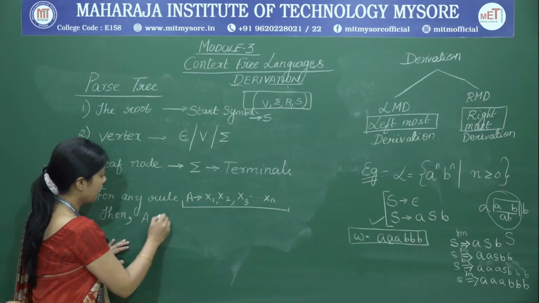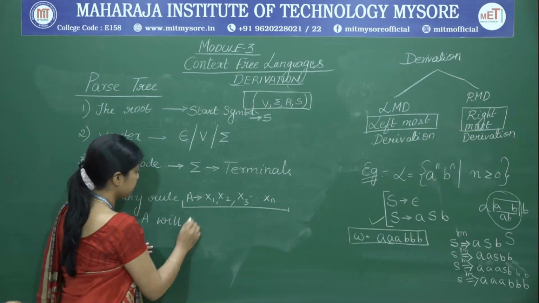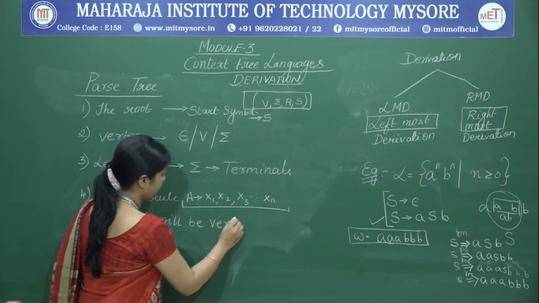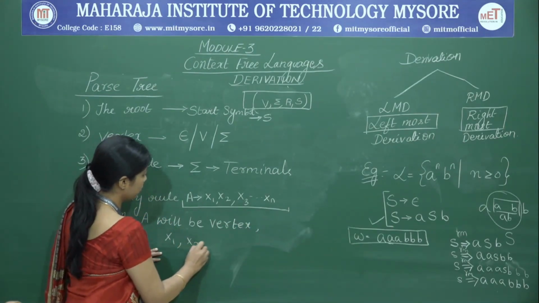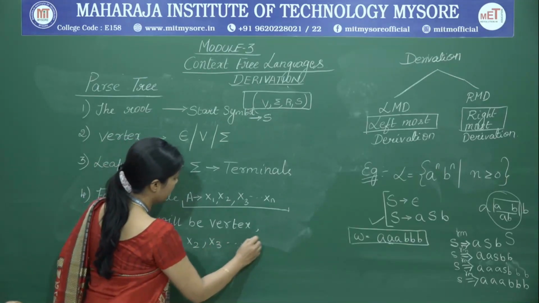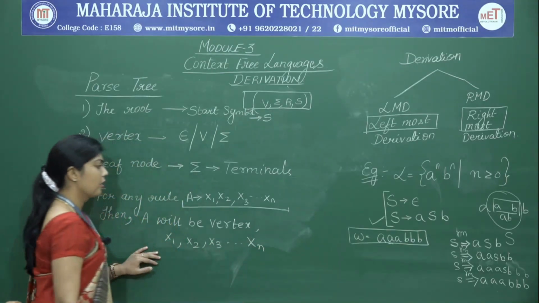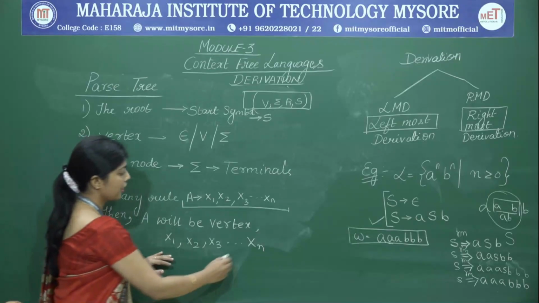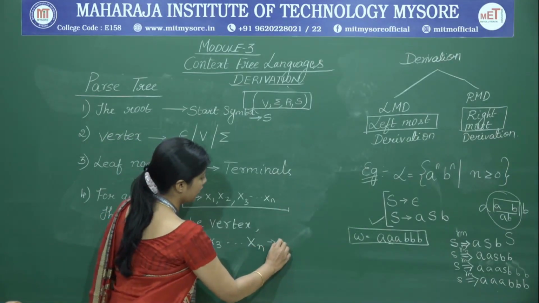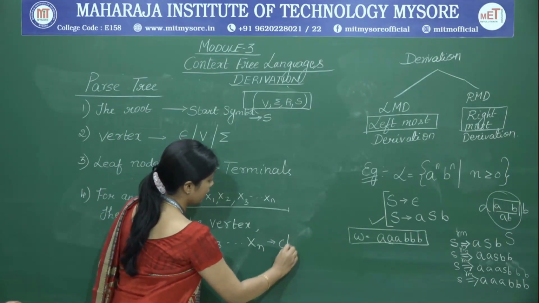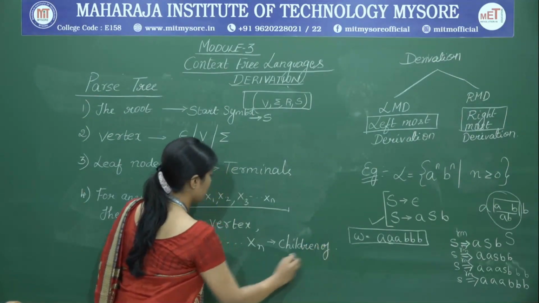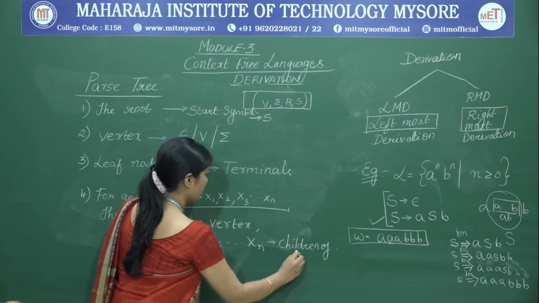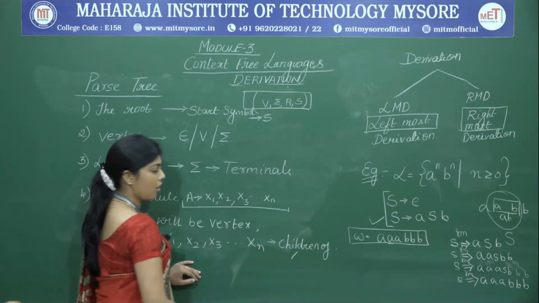Then A will be the vertex, and x1, x2, x3 up to some xn, whatever there could be on the RHS, all of them are going to become the children of A.